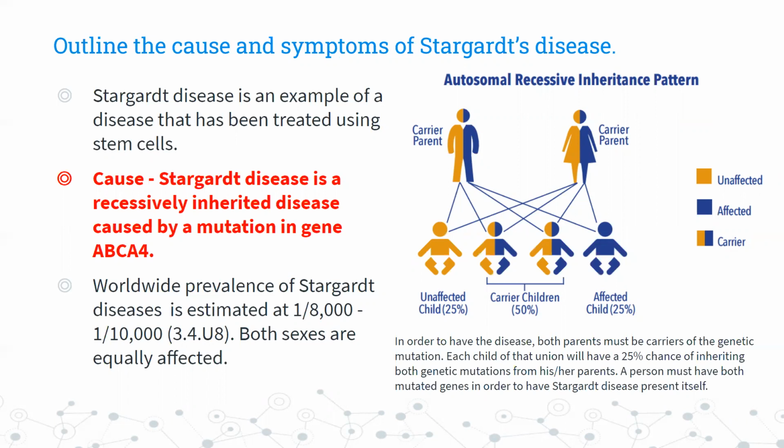You guys remember that there's dominant and recessive alleles? So this is caused by a recessive allele, and it is caused by a mutation in a specific gene called ABCA4.